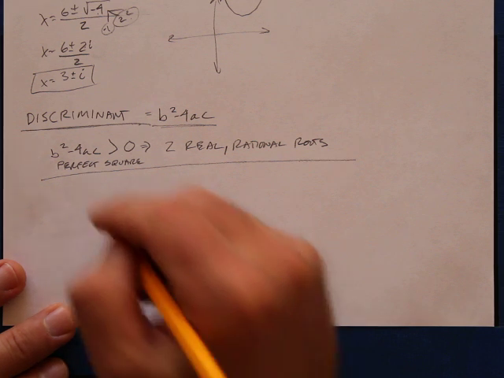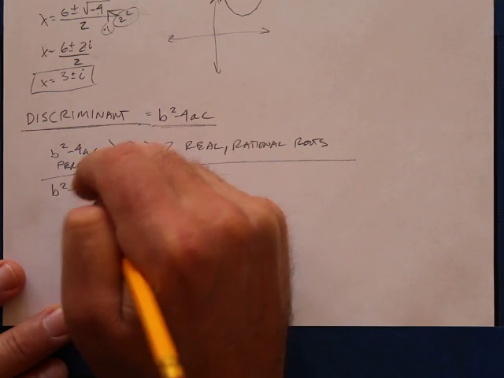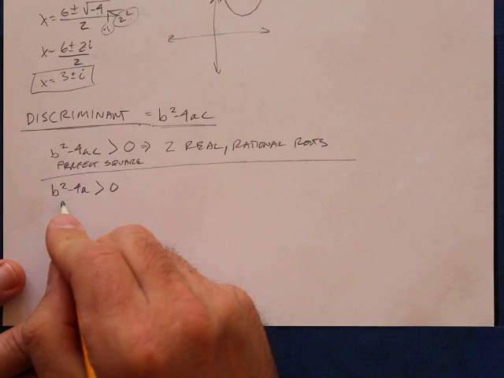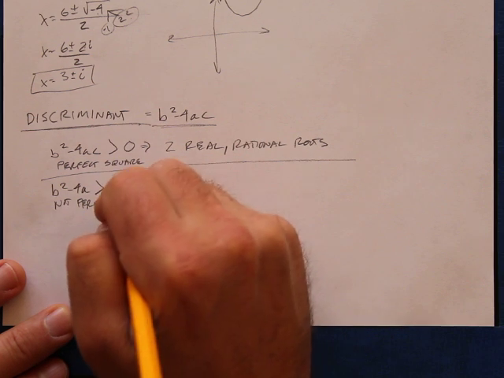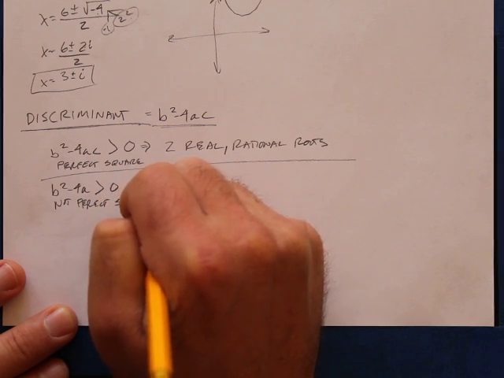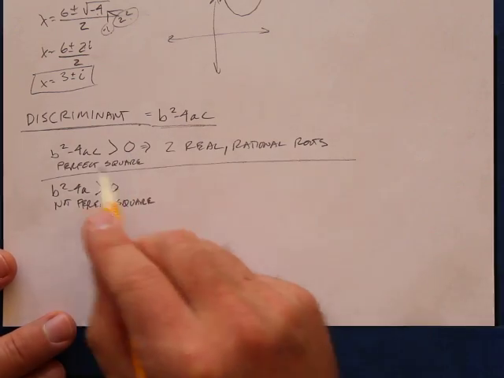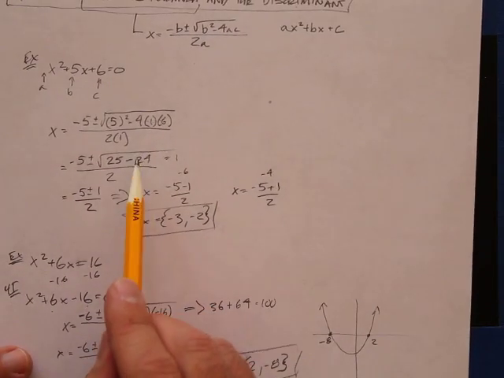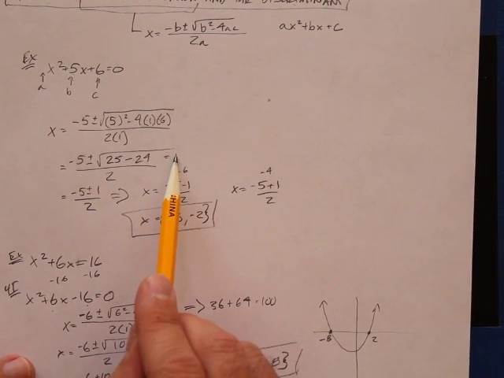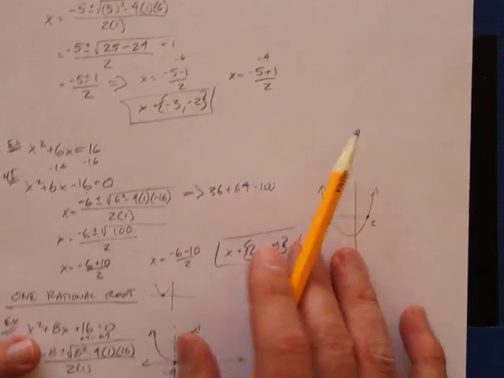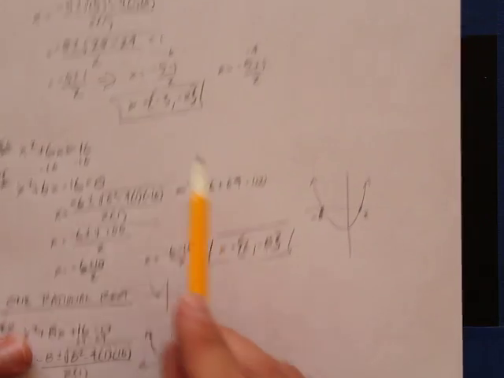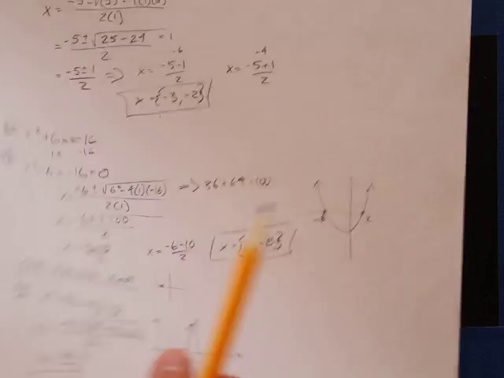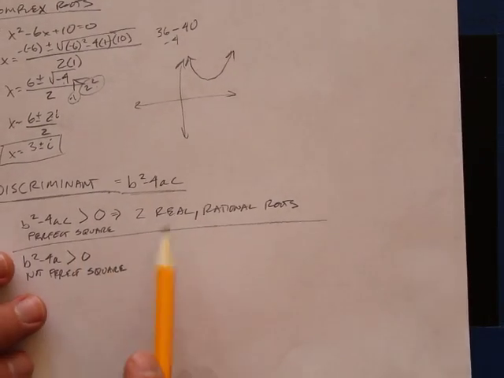Now, if b squared minus 4ac is greater than 0 and it's not a perfect square, so let's look at an example of this first one, or the first examples that we did, where the discriminant became 1, which is a perfect square. The discriminant here was 100, which is a perfect square. And so we saw real rational roots. All right, so that's this section.